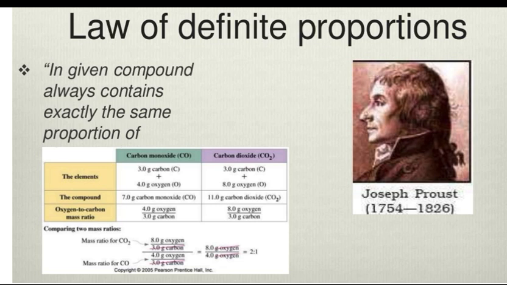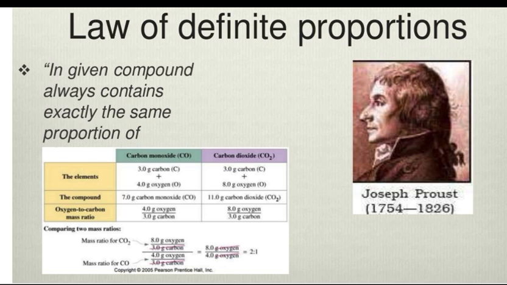A given compound always contains exactly the same proportion of elements. Here you can use carbon monoxide. Carbon has 3 gram and oxygen has 4 gram. Total compound is 7 gram of carbon monoxide. Right? Oxygen to carbon mass ratio is 4:3.